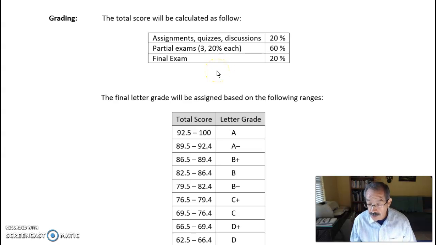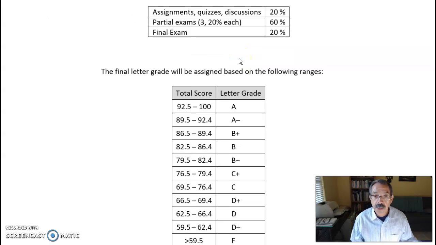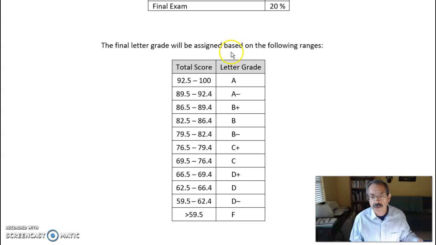However, even though it's not comprehensive, you will require what you have learned in other chapters to be able to solve the problems for the chapters that will be covered during the final exam. Then, once I have your final score, I will use this scale, which is in the university handbook, to determine your letter grade for the course.